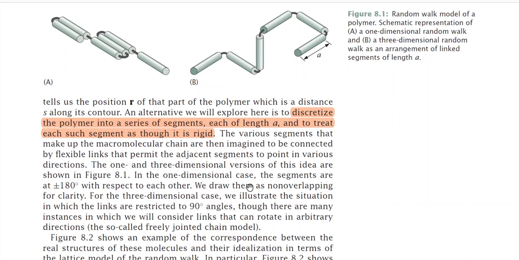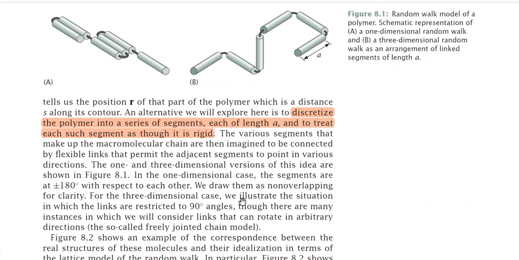In the one dimensional case, the segments are at plus minus 180 degrees with respect to each other. Look carefully at this picture. We draw them as non-overlapping for clarity, so they are not overlapped.